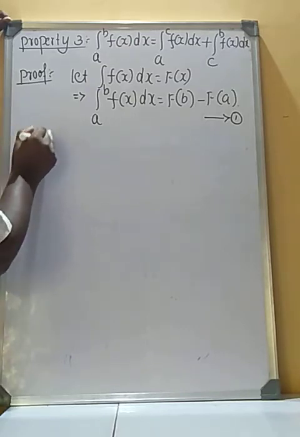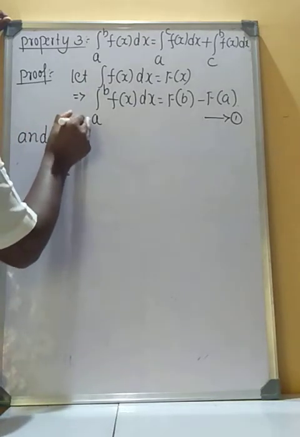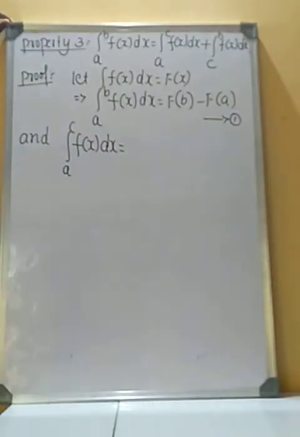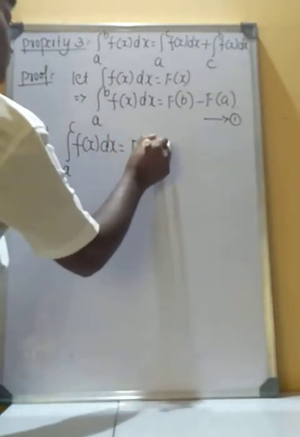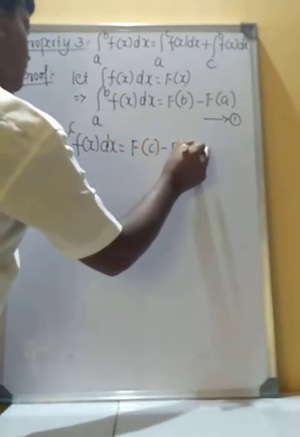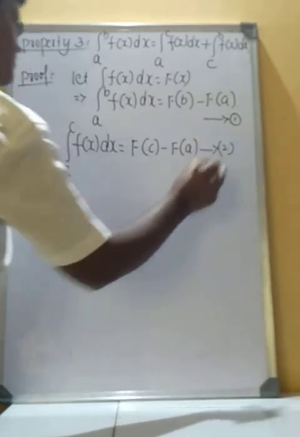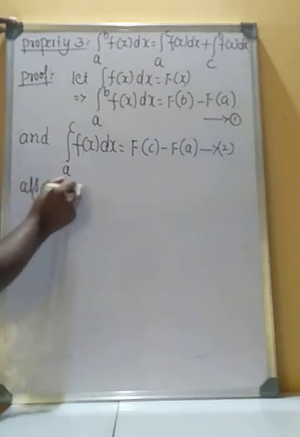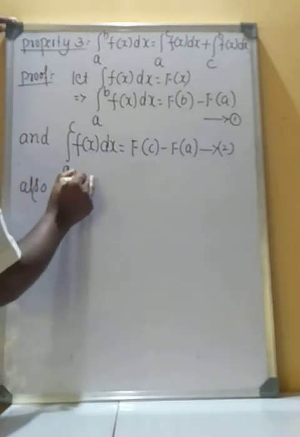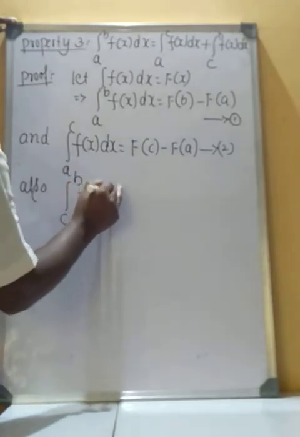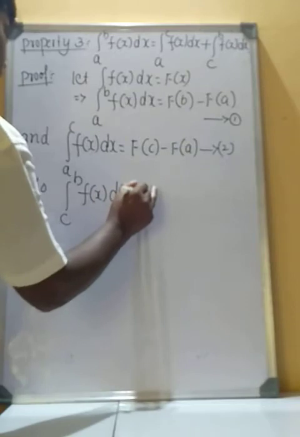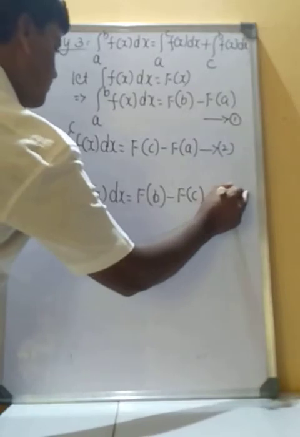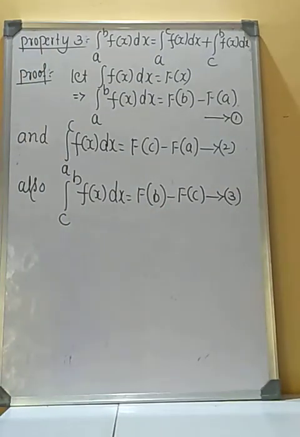And integral a to c f of x dx can be written as F of c minus F of a. We call it equation number 2. And also integral c to b f of x dx is equal to F of b minus F of c. Call it equation number 3.